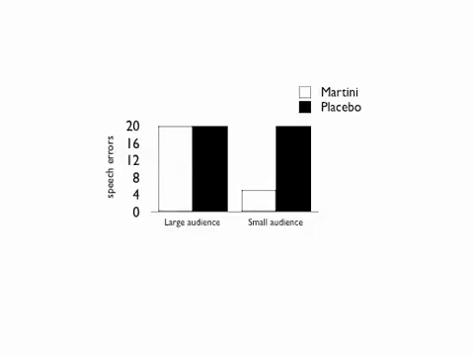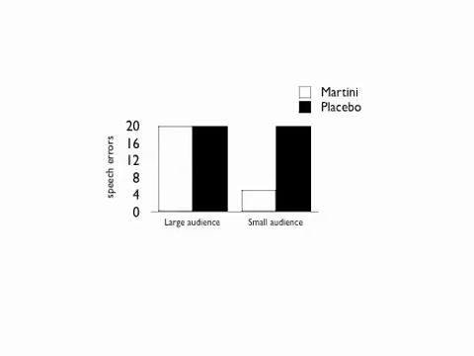It's not the way that I just showed you in the table of data earlier before, but it could have happened like this, where if you're addressing a large audience, then it doesn't matter whether you got the Martini or the placebo, you make a bunch of errors. You make a bunch of errors addressing a small audience too, unless you've had a Martini. If you've had a Martini, the number of errors that you make to a small audience decreases.